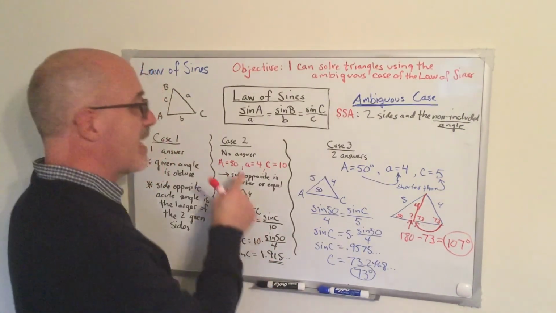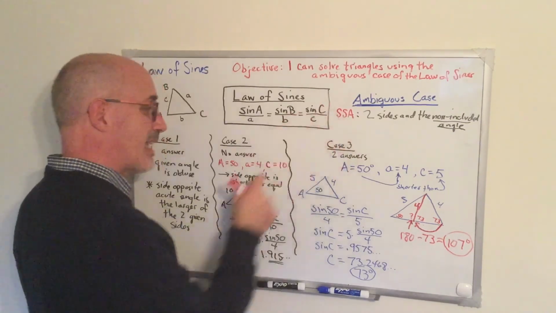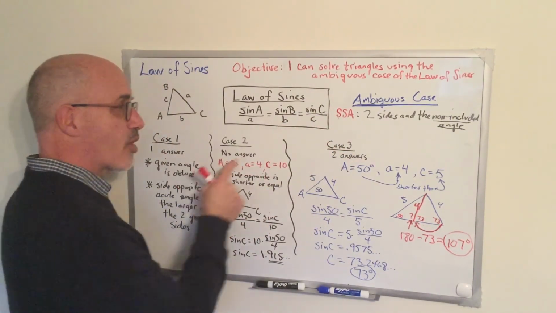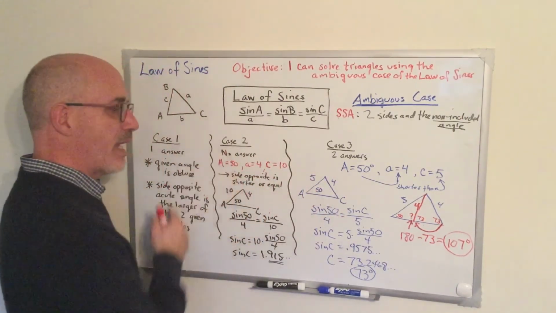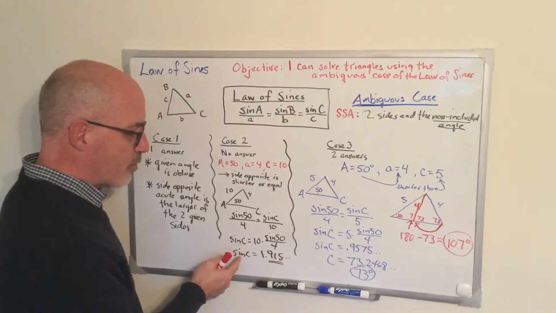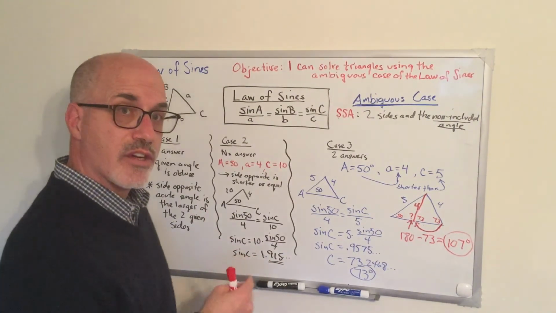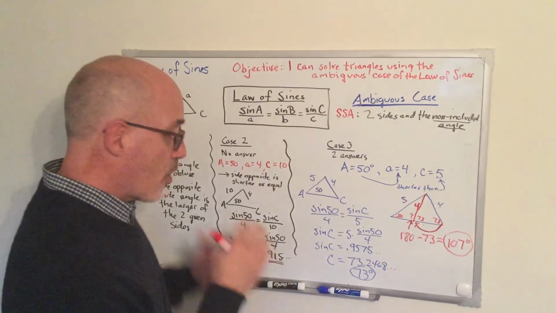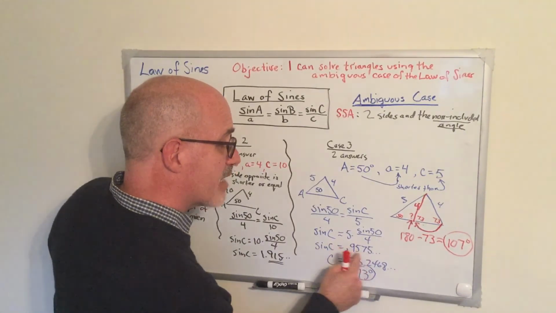But if that angle is given, and the side opposite it is the shorter of the two, then you've got to try two different possibilities. You could possibly have no answer, and that would come if you try to find the missing angle and your calculator gives you an error because this number is larger than 1. Or the second possibility, notice that when we do it here, we get a number less than 1.